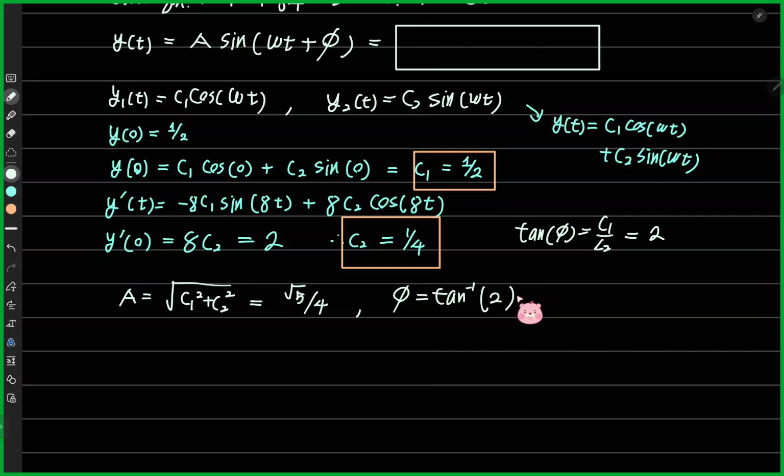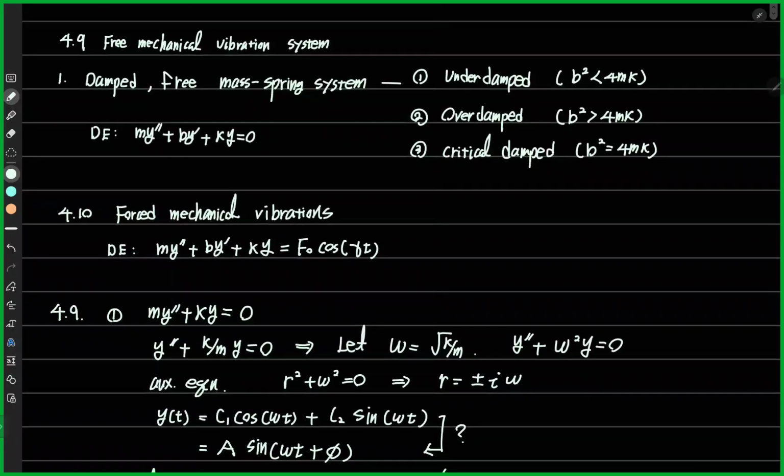This is approximately 1.10715 radians, the phase angle. And from there, what do we have to add, 2 pi or 4 pi?